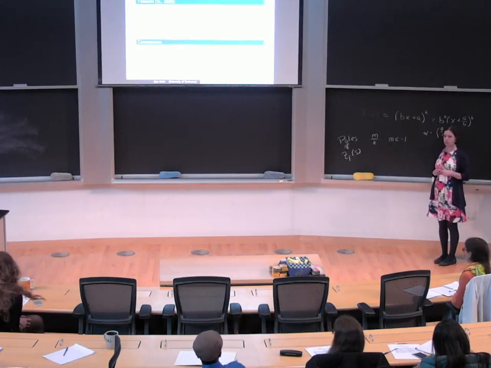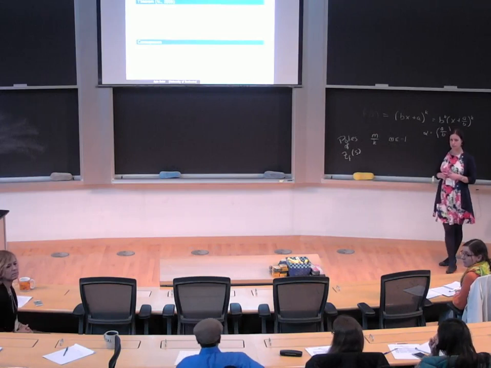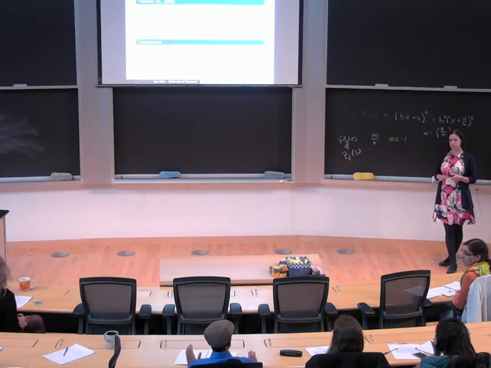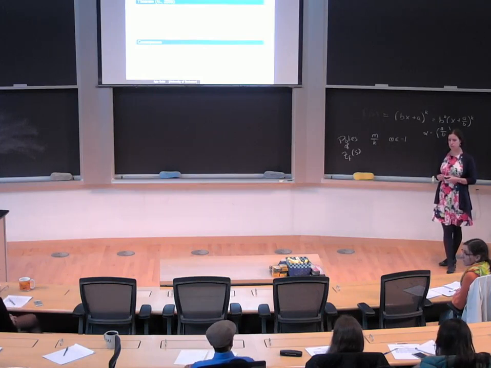You said you weren't interested in Waring's problem, but if you did fix the number of terms, could you get asymptotics for the number of ways of representing integers by, say, a quadratic form or something like that?